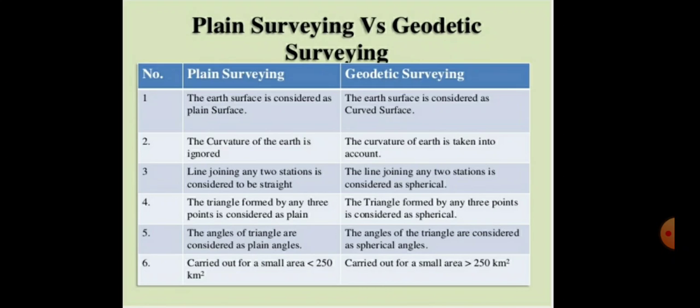Then the angles of the triangle are considered as plane angles in the first one, and spherical angles in the second. Then the next point: plane surveying is carried out for less than 250 km square area, and geodetic surveying is carried out for more than 250 km square area.